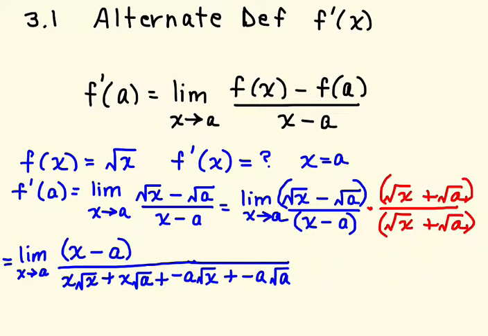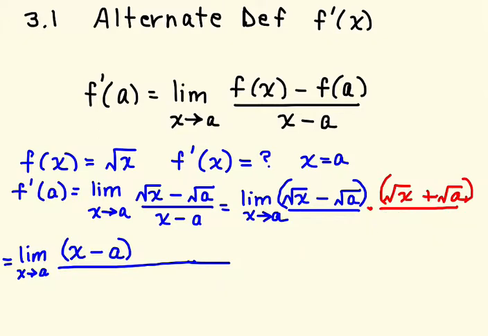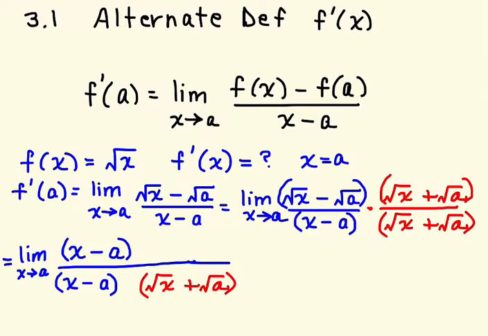Realize I've overworked it because, let me get rid of the bottom. Can you see how I overworked it? Anybody notice what I did that I didn't need to do? I did not need to FOIL this denominator. Let me copy this. Let me put it back here. Okay, I did not need to FOIL the denominator. Do you see why I overworked it? Yeah? You see it, right, Brendan?